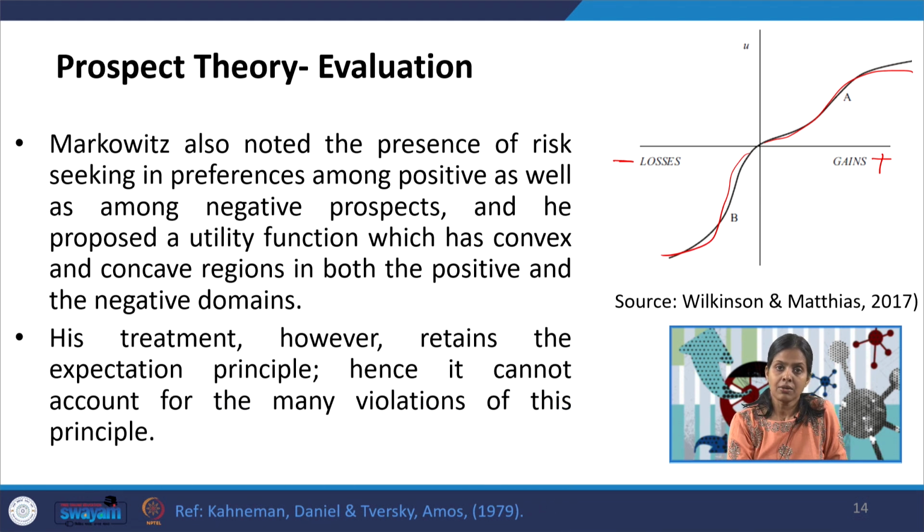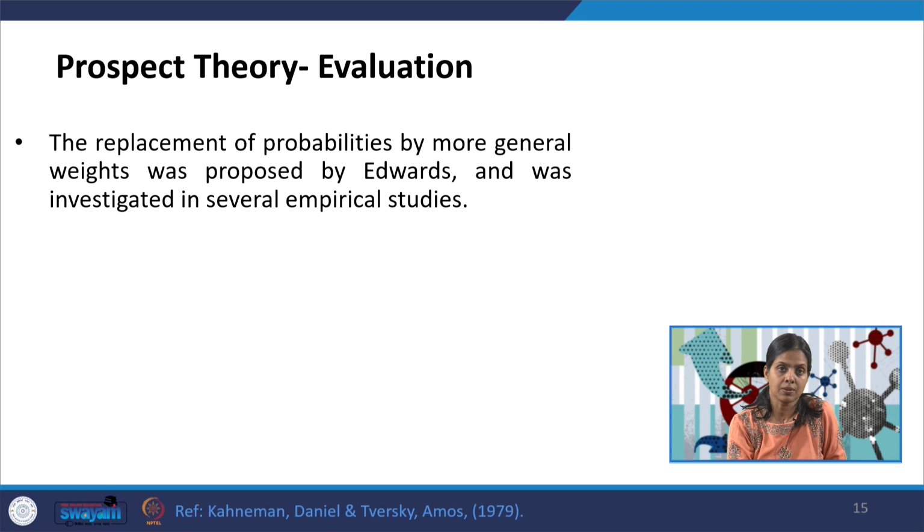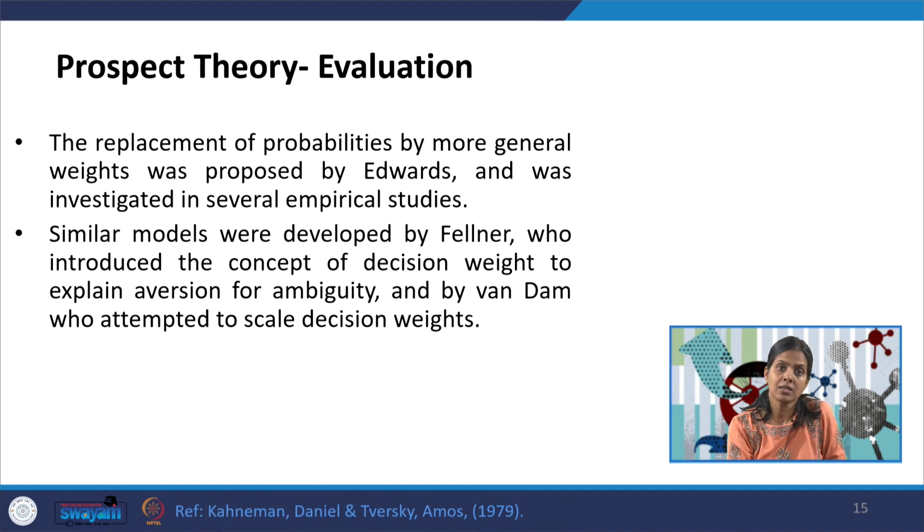His treatment, however, retains the expectation principle, hence it cannot account for the many violations of this principle. The replacement of probabilities by more general weights was proposed by Edwards and was investigated in several empirical studies. Similar models were developed by Fellner, who introduced the concept of decision weight to explain aversion for ambiguity, and by Van Dam, who attempted to scale decision weights.